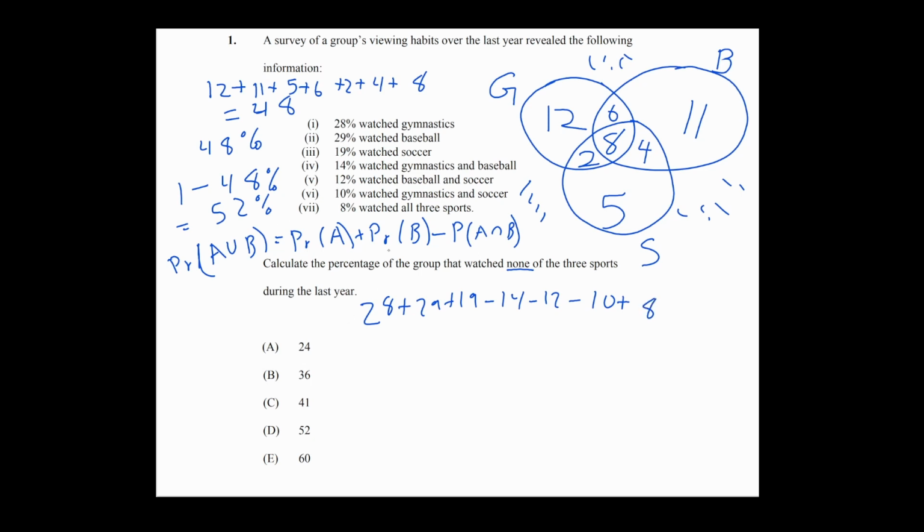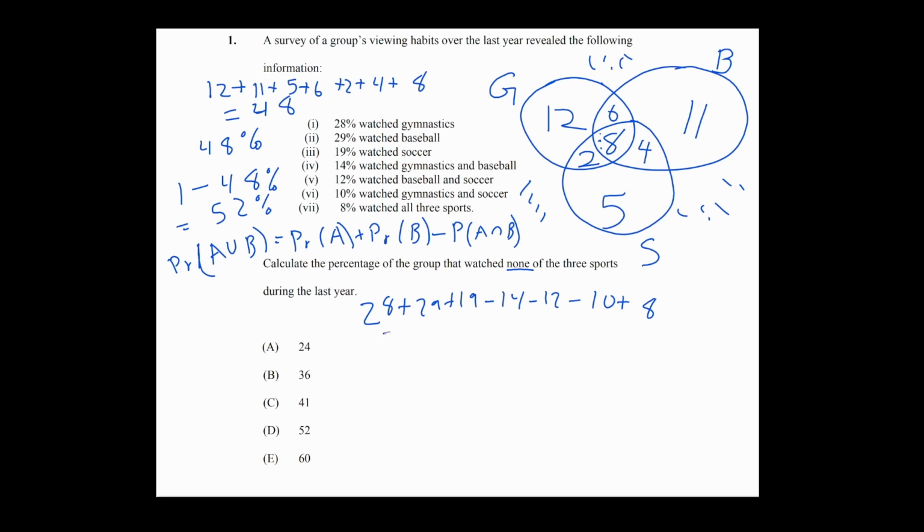When you're doing a triple version of this, you subtract the intersection of gymnastics and baseball, you subtract the intersection of baseball and soccer, and you subtract the intersection of gymnastics and soccer. So what happens is that this middle part is no longer counted because you've removed it from all versions. So you want to add this back in.